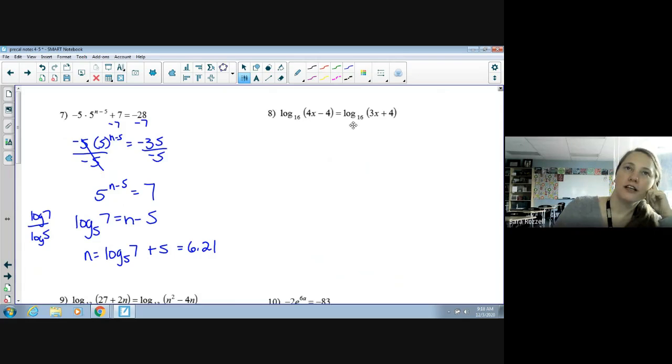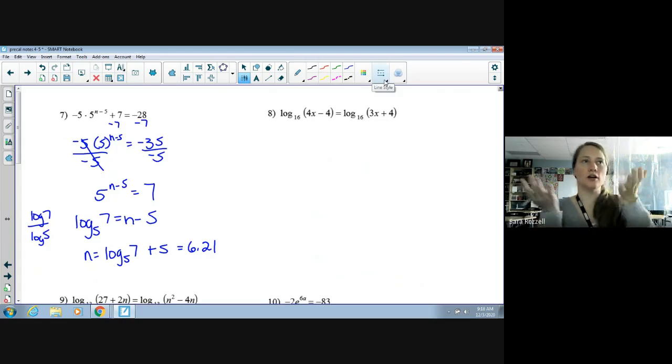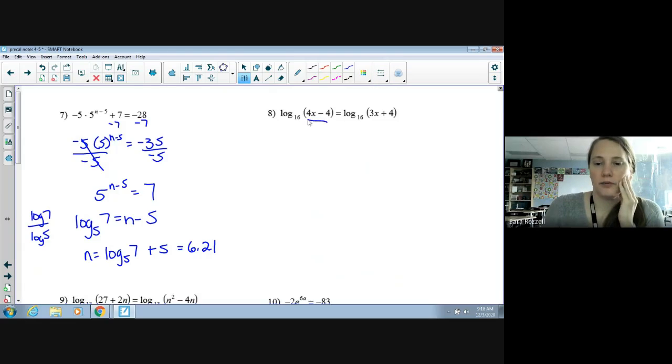All right. For the next type, these are a little bit different because you've got a log of something equals a log of something else. If these two are going to be equivalent, don't the numbers in the parentheses have to match if you're doing the same operation on both of them? Like if I said x plus 2 and x plus 2, the x's had to match, right?